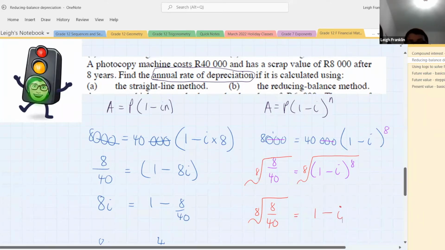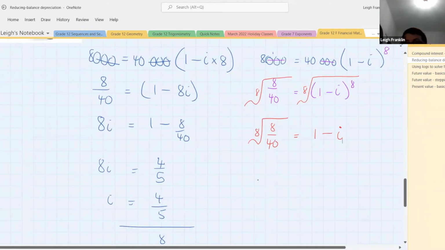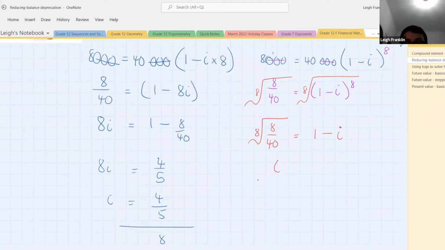i. Okay, and again, I want to bring my i over to the other side. So it becomes positive i, and I'm going to take this 1 minus 8th root of 8 over 40 over to the other side. Okay, and when you do that, you end up again with a decimal.